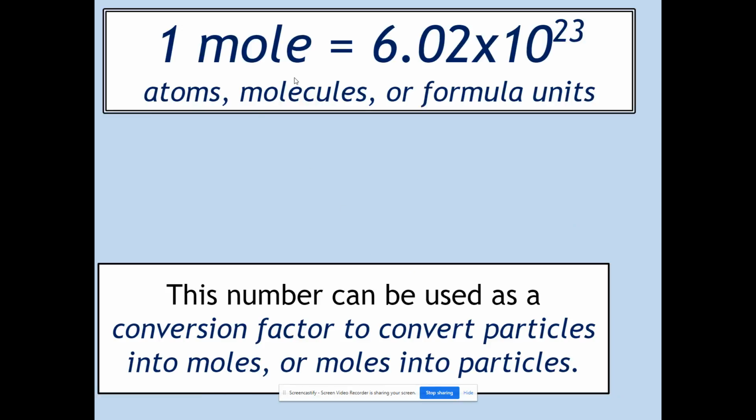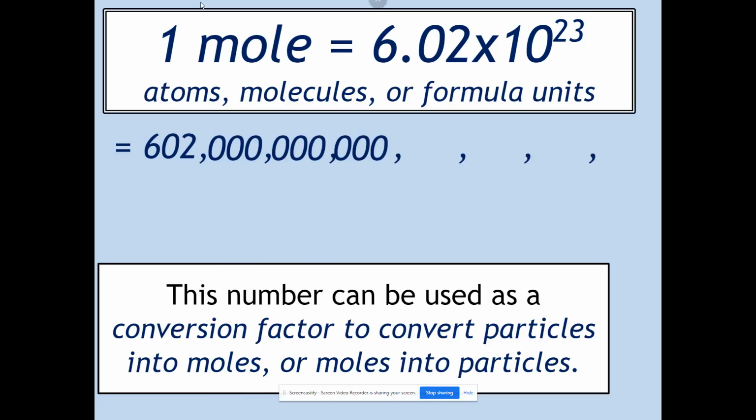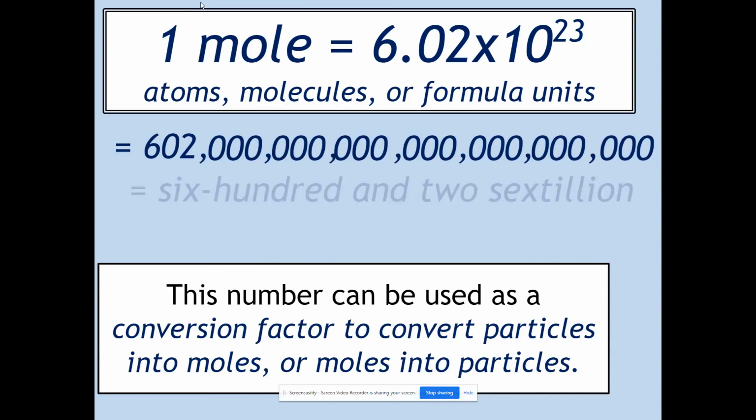So a mole is 6.02 times 10 to the 23rd atoms, molecules, or formula units. This number, our 6.02 times 10 to the 23rd, is Avogadro's number. We know that Avogadro said this is how many atoms or molecules or formula units make up 1 mole of something. If we were to write that all out, it would be 602 sextillion atoms, molecules, or formula units.